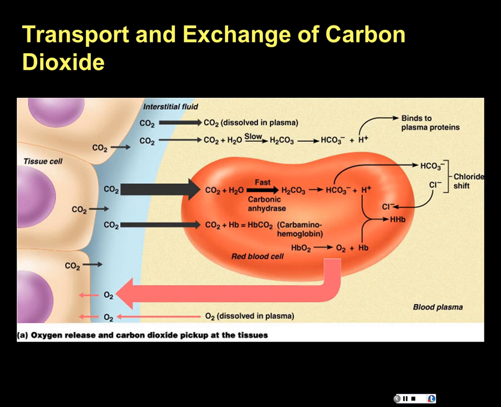This image summarizes the ways in which the gases are transported. We learned that oxygen is transported how many ways? 2. The arrows are proportionate, so the preferred route is being bound to hemoglobin. Over the evening, you can go back and add to what we've learned the factors here that cause hemoglobin to let go. Like what?